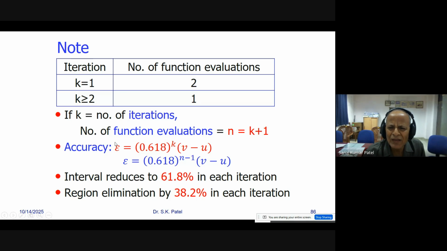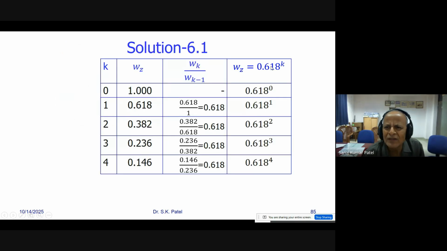Finally, we have to keep on doing it till the width is reduced to epsilon. So at any time the width is expressed as 0.618 to the power k into 1 if it is z.